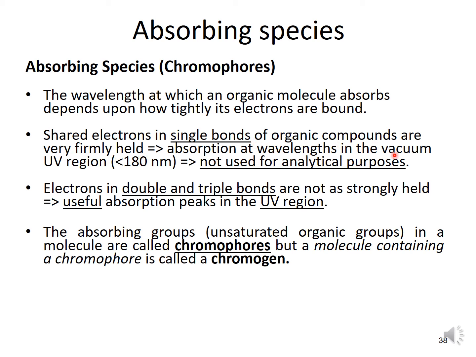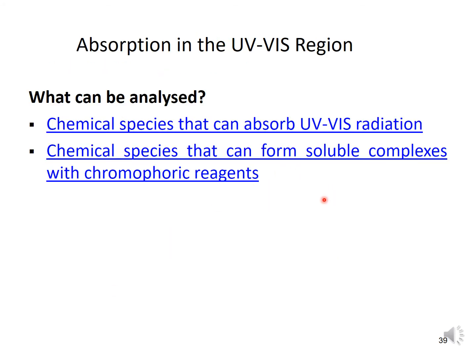Absorption at wavelengths in the vacuum UV is not used for analytical purposes. Electrons in double and triple bonds are not as strongly held, giving useful absorption peaks in the UV region. So what can be analyzed? Chemical species that can absorb UV radiation, of course, and the second one is chemical species that can form soluble complexes with chromophoric reagents.